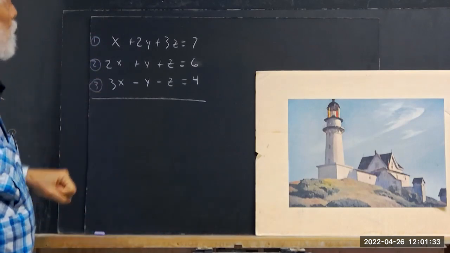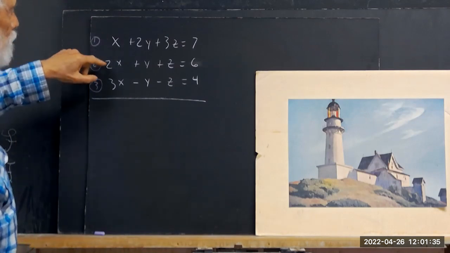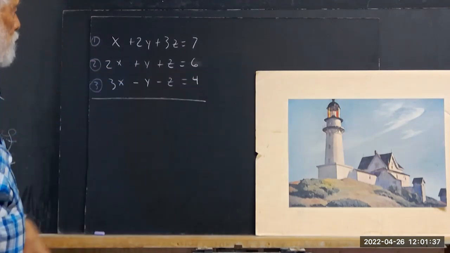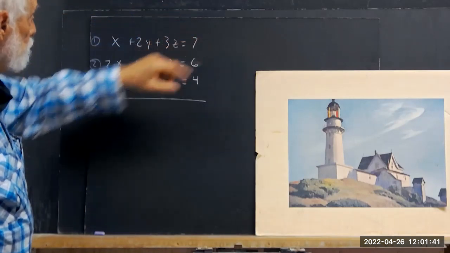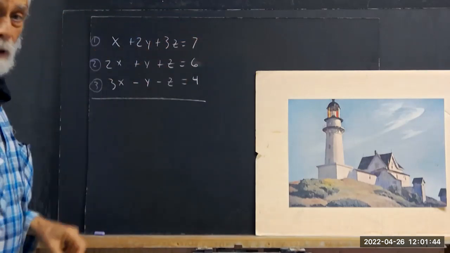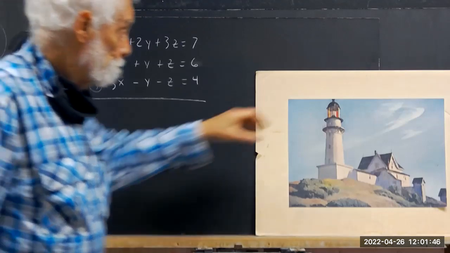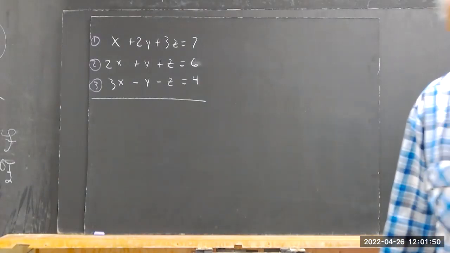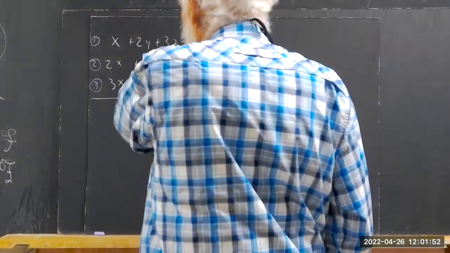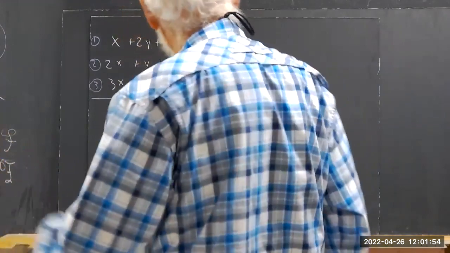Now, of course, to eliminate this 2x from this equation, I have to take the whole first equation and multiply it by -2 so that my x's will match up. Okay. Well, I do that over here. I want to do that here.